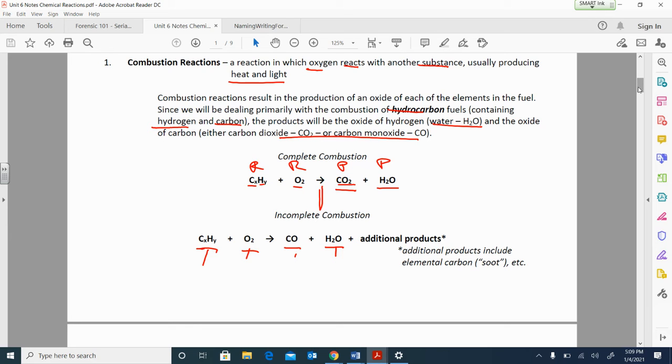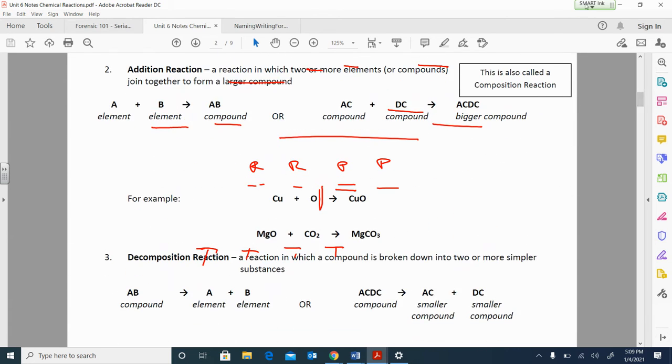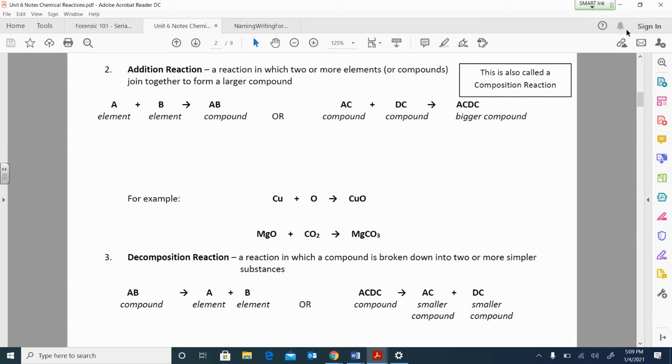All right, let's scroll down to the next type of reaction. So the next type of reaction is called an addition reaction.